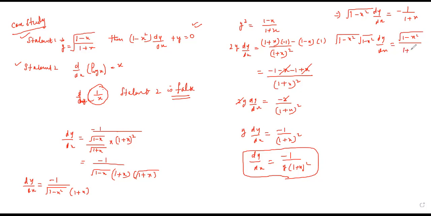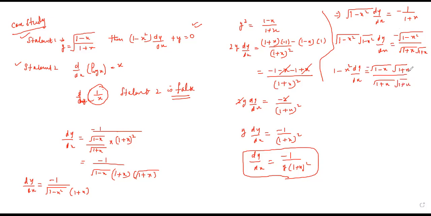So this can be written as under root (1 plus x) times under root (1 plus x). So multiplying, it will be (1 minus x square) dy by dx, which is equal to under root (1 minus x) times under root (1 plus x) upon under root (1 plus x) times under root (1 plus x), and the sign is negative.